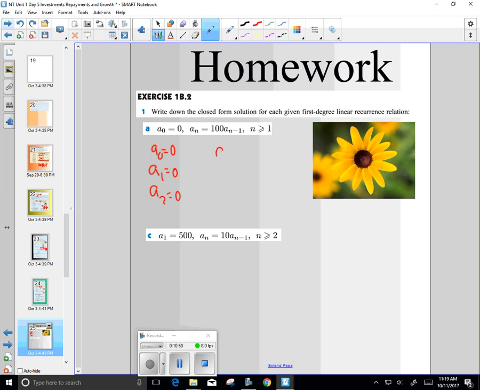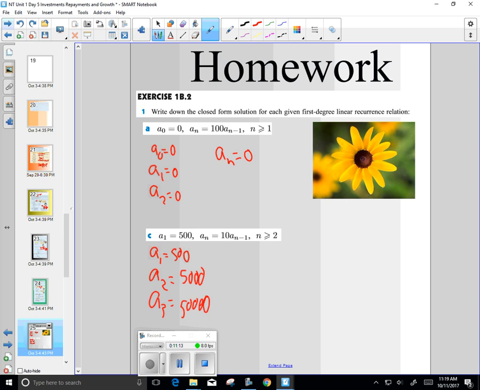Yeah, so this is pretty tough. But what if A1 is 500? A2 is going to be 500 times 10. That'll be 5,000, right? What will the next one be? 50,000.